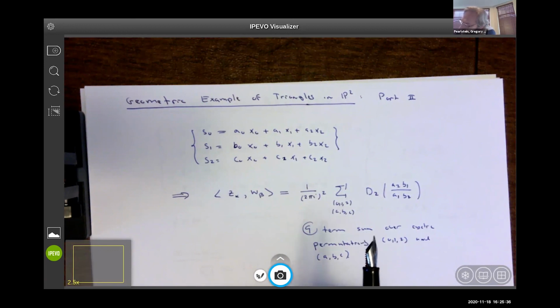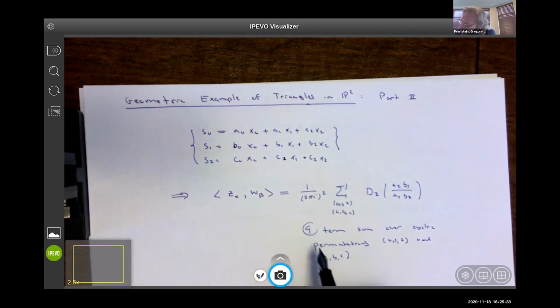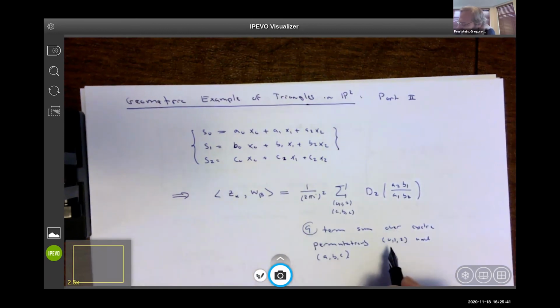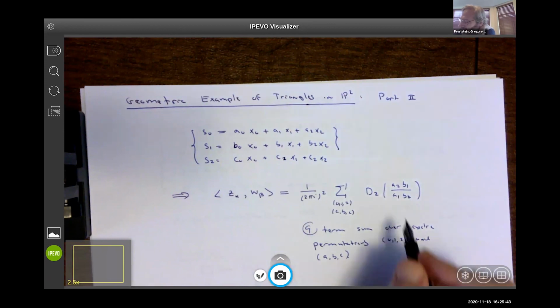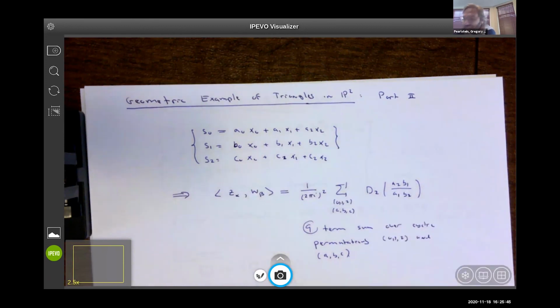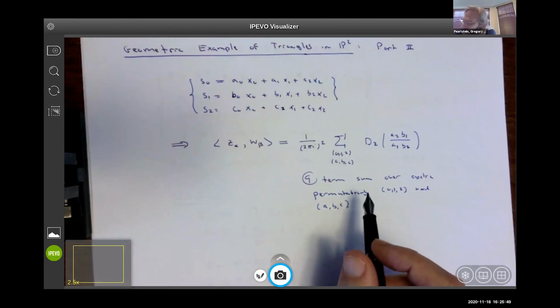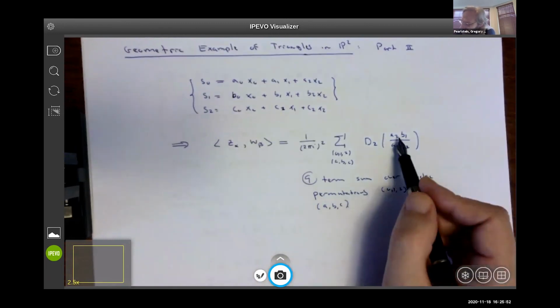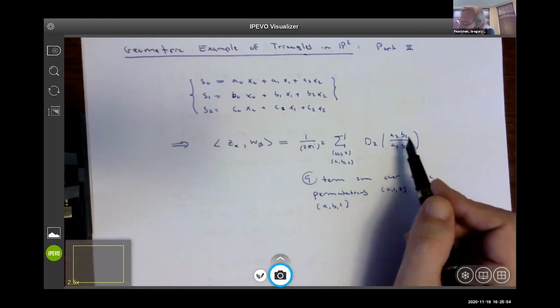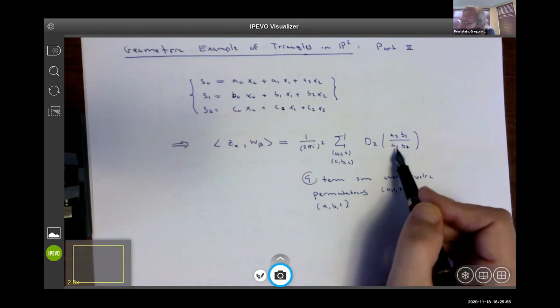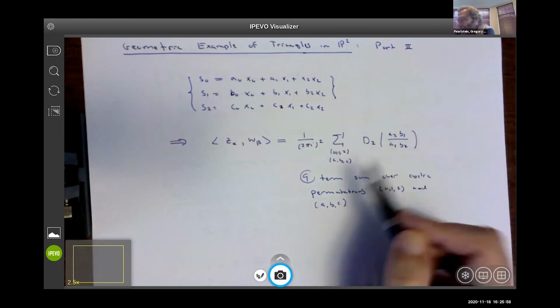This is a sum with 9 terms. I have to take all the cyclic permutations of 0, 1, and 2, and all the cyclic permutations of A, B, and C. So I get to act by permutations on both the A and the B, and I get to act on the indices. This gives me a 9-term sum.